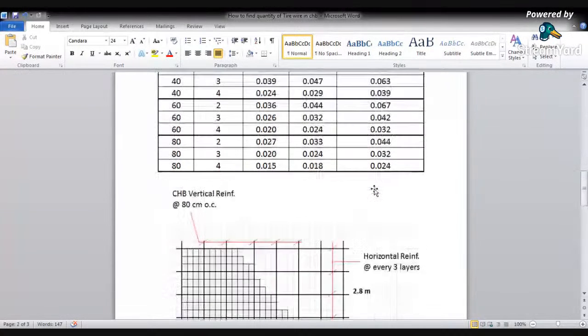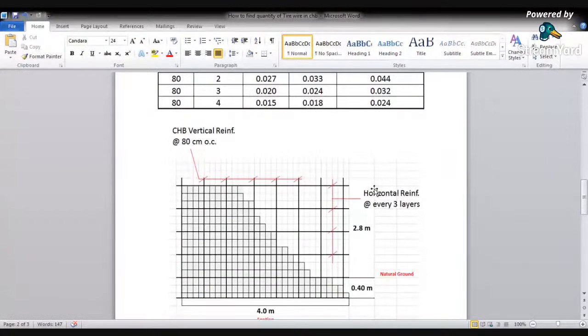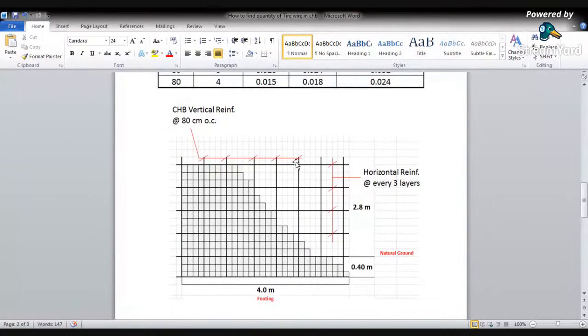So this is the example from last week. This is the fence. The width of the fence is 4 meters. The height of the fence is 3.2 meters. So last week we got the number of rebars.